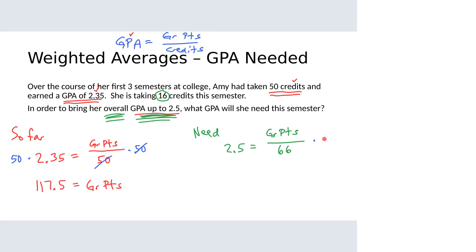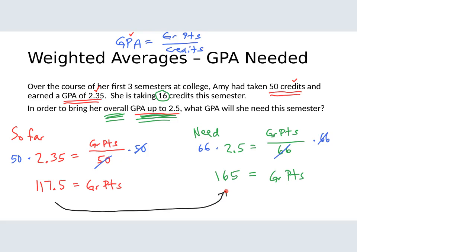We'll multiply both sides by 66 because on the right-hand side, these will cancel, leaving us with just grade points. And on the left, in order to have a 2.5 GPA after 66 credits, she's going to have 165 grade points. So in this 1 semester, what she's going to have to do is go from 117.5 to 165.